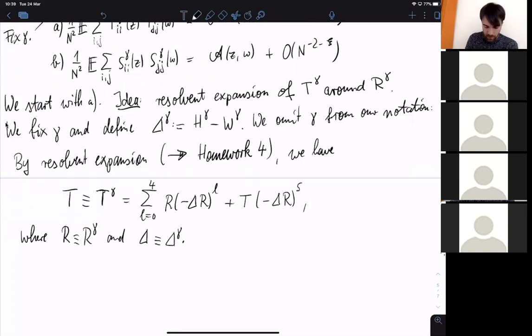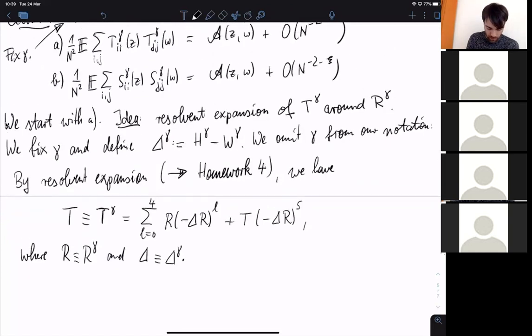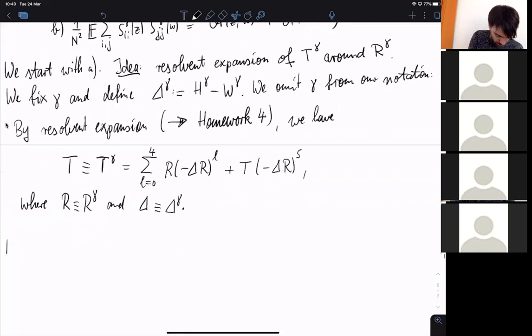Now we plug this expansion into what we want to understand, so this sum of the T's. It's a somewhat complicated expression, so let me start with the thing that we are interested in all the time.